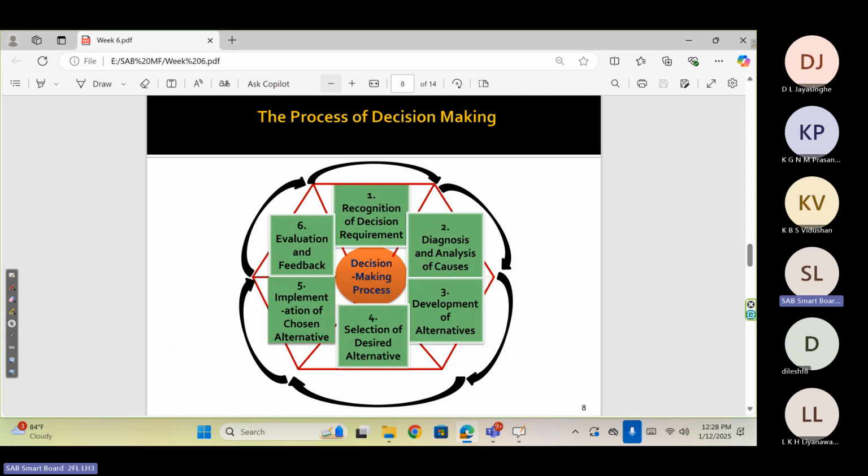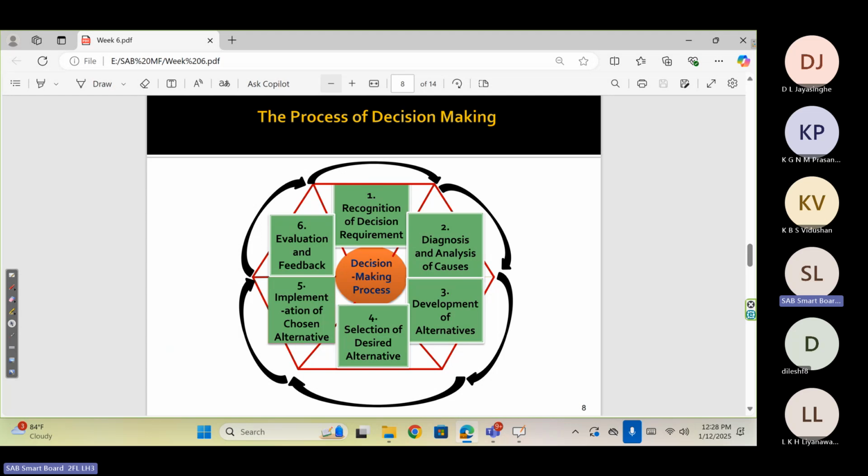Then, in the third step, different alternative solutions should be identified and listed. From the list, the desired one should be selected. Then it should be implemented in the fifth stage. That's the most important one, choice making; the actual choice making happens there.